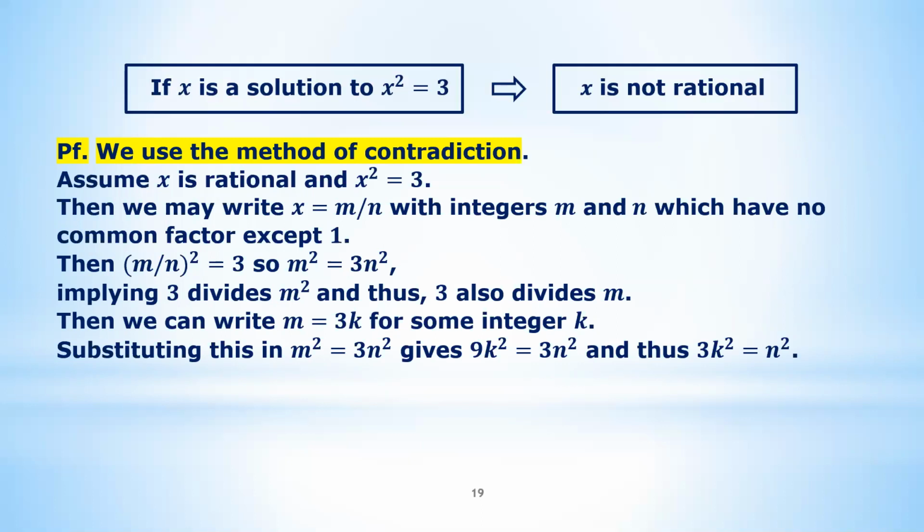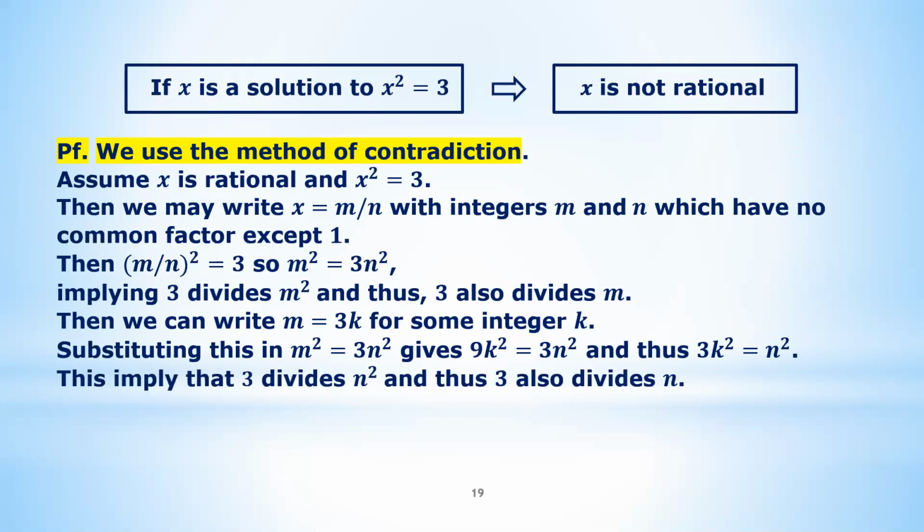Okay, so now you see that not only does 3 divide m squared, the new equation tells us that 3 also divides n squared, and therefore 3 divides n, okay? So you see the logic. Combining the previous two steps, you can conclude that 3 divides both m and n, and this will give us a contradiction.